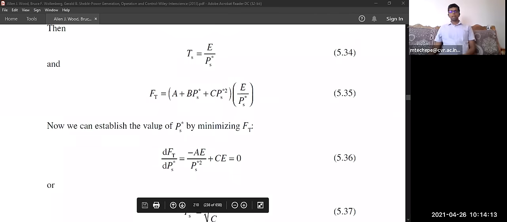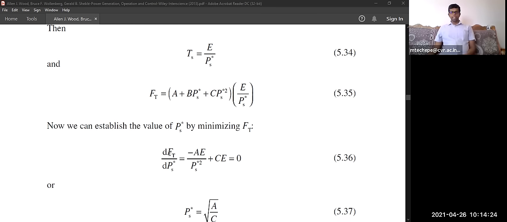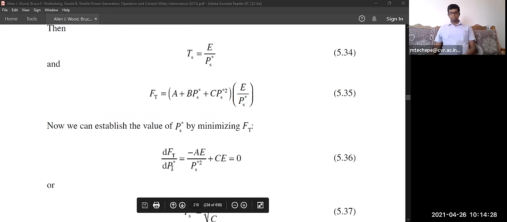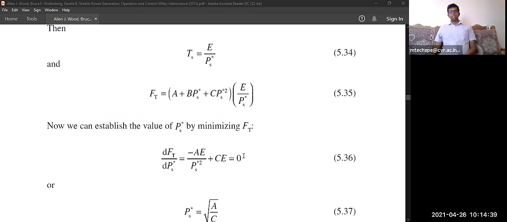Now we can establish the value of Ps star by minimizing the total fuel cost. For this, we differentiate the total fuel cost with respect to Ps star, the optimal power generated from the steam power generating unit, and equate it to 0.